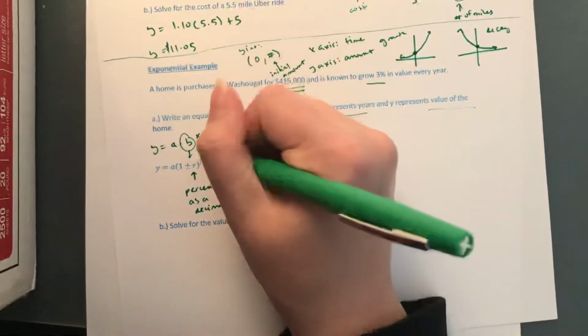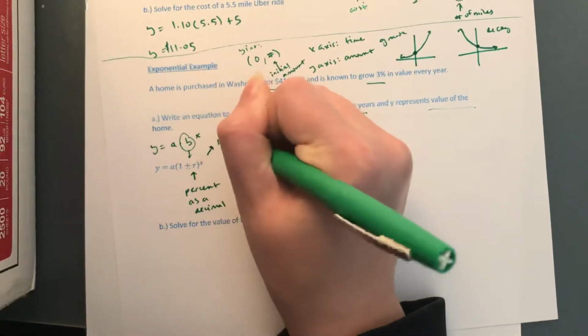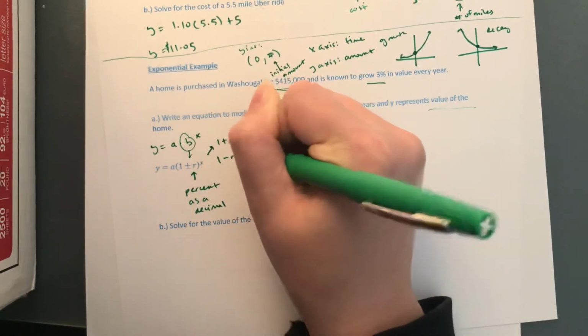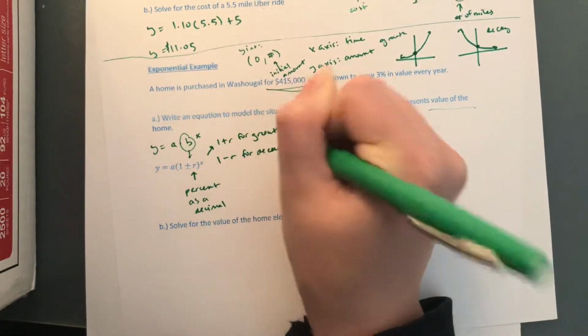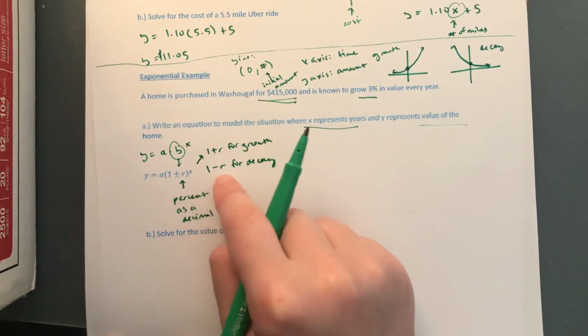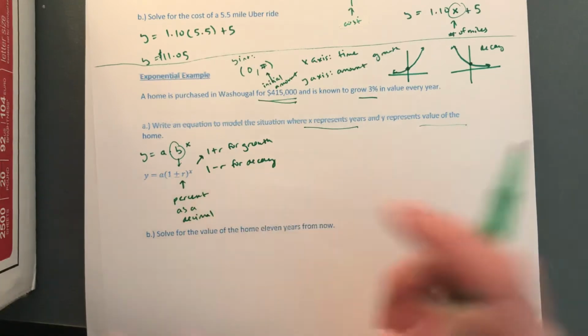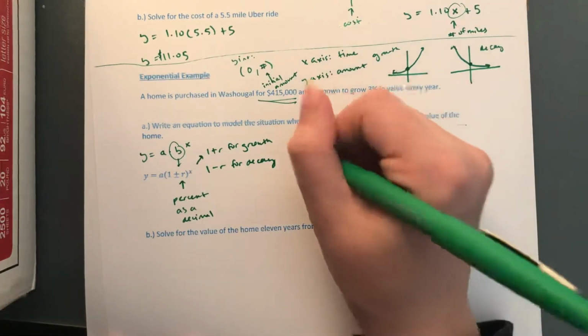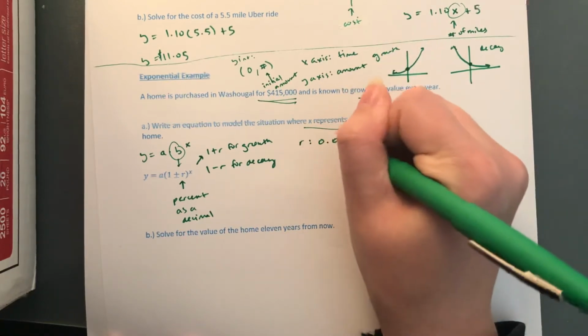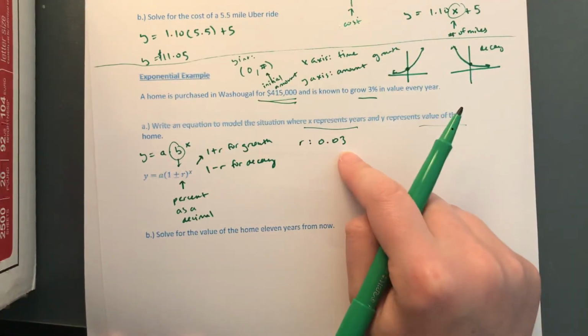So you do 1 plus r for growth. You do 1 minus r for decay. Because if you do 1 plus a decimal, it's going to be greater than 1, so it's growing. If you do 1 minus some decimal, it'll be smaller than 1, so it's decaying. So in this case, r is, if it's 3%, that's 0.03. Don't forget it's 0.03. If it was 0.3, that'd be 30%.